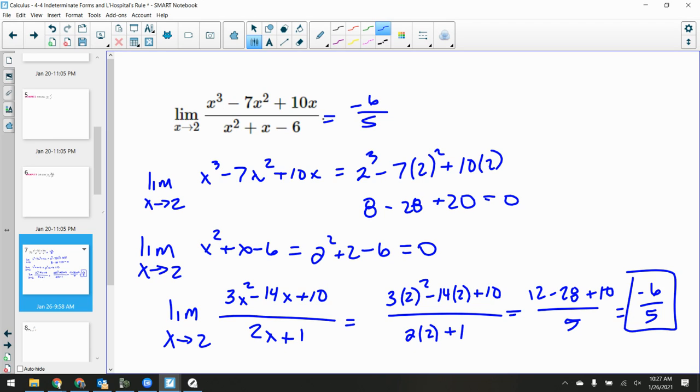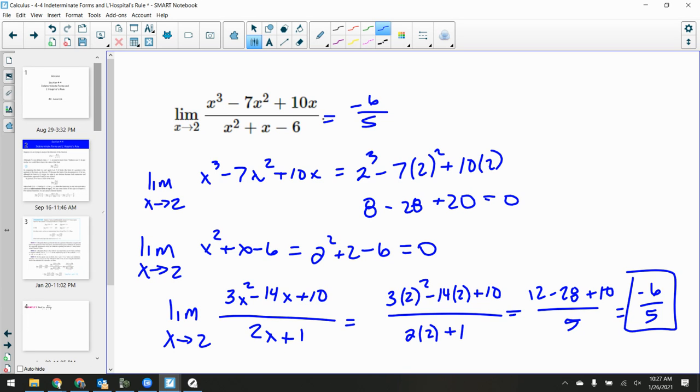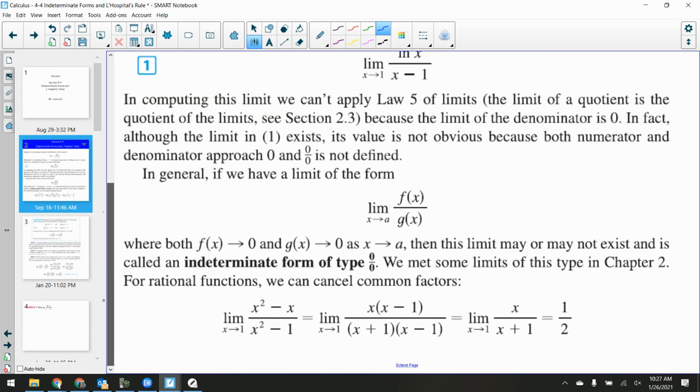Right. Like what we talked about yesterday at the very beginning was that there are times when we could cancel things out to find limits, right? That was an easier case where we could cancel things out to find limits. Like this is an indeterminate limit right here, right? We could use L'Hopital's rule to find that if we wanted to.